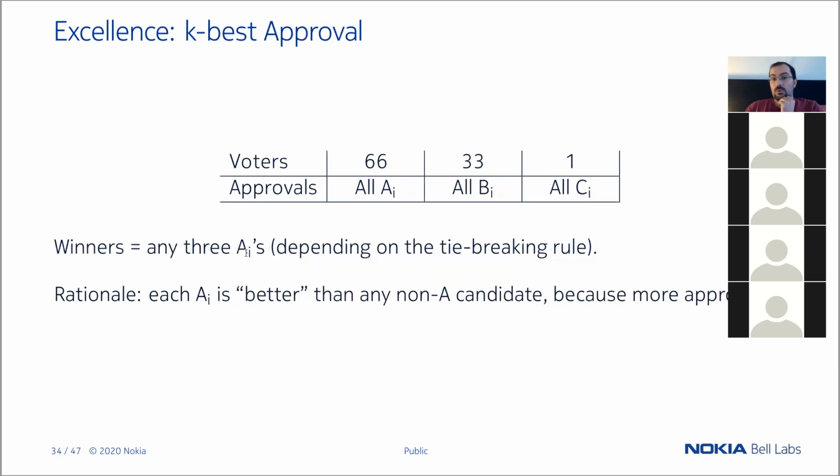You probably want to elect 3 candidates of type A, and which ones you elect depends on the tie-breaking rule. The idea behind this is to say that any A is better than a non-A candidate because it is approved by more referees or jurors or voters.